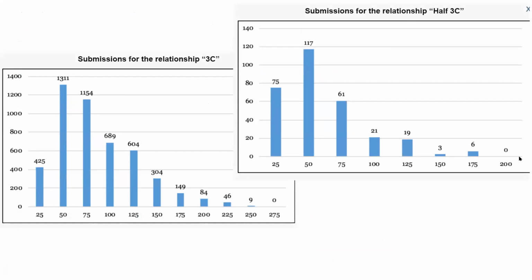Whereas the 176, that would be pretty rare for a half third cousin, where it would be reasonably common for a third cousin. And of course, these are all subject to the endogamy caution that the numbers are likely to be slightly higher than they would be for a random population.